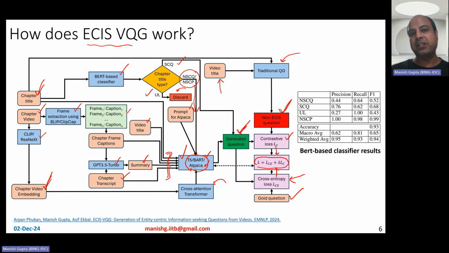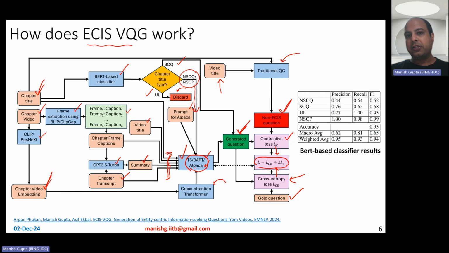So the cross attention helps this merger of the video and the text information, so that the T5 model or the BART model nicely generates outputs by considering both the chapter text information and the chapter video information together. Of course, Alpaca cannot be modified to have cross attention, but we could modify our T5 and BART so as to have cross attention layers in the encoder side, so that they can generate questions which are sensitive both to the text and the video content of the input chapter.